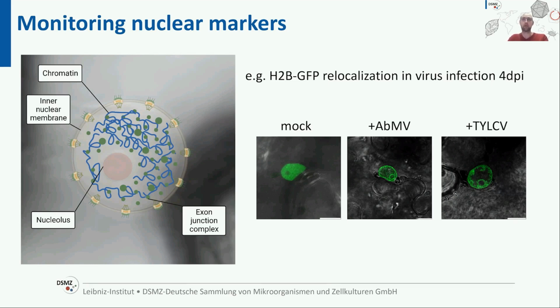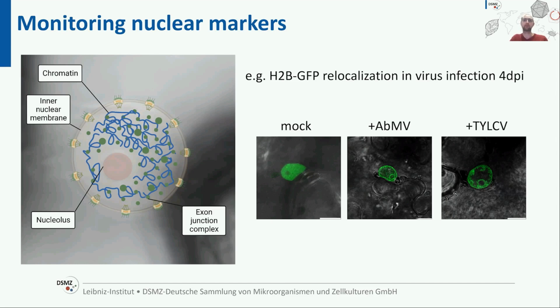When it comes to a viral infection, either with ABMV or TYLCV, which is another begomovirus, we can see a different GFP signal than in healthy nuclei.